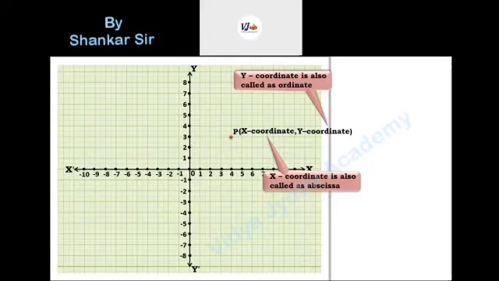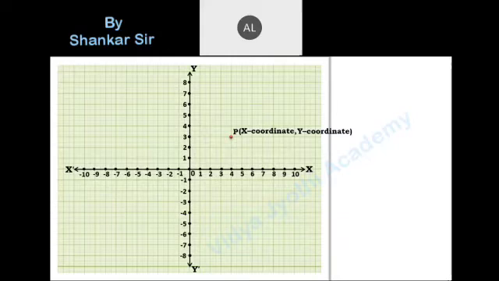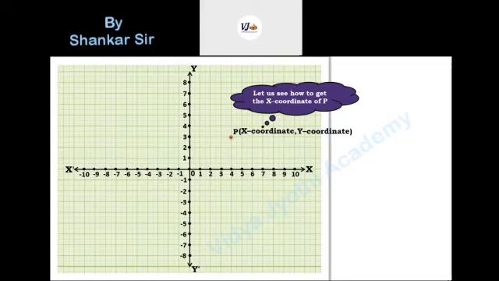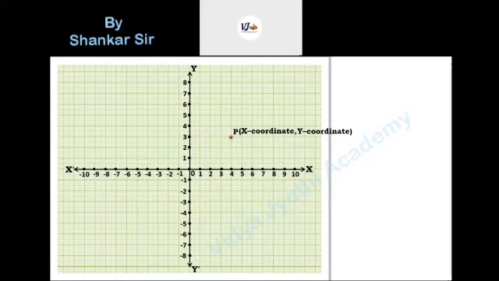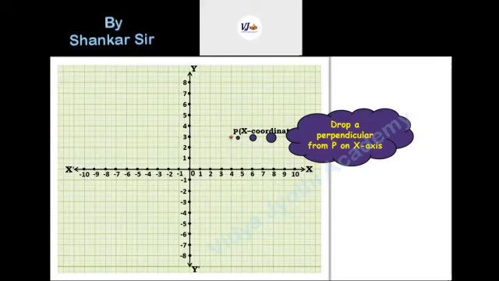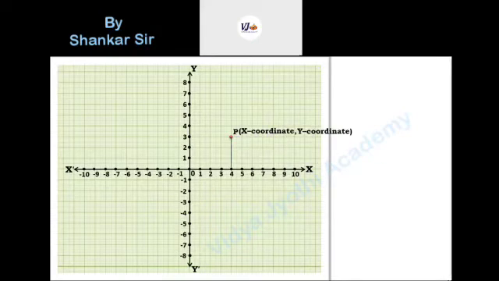Combining these two gives the coordinates. The horizontal distance from the y-axis is the perpendicular distance from P to the y-axis, here 4.